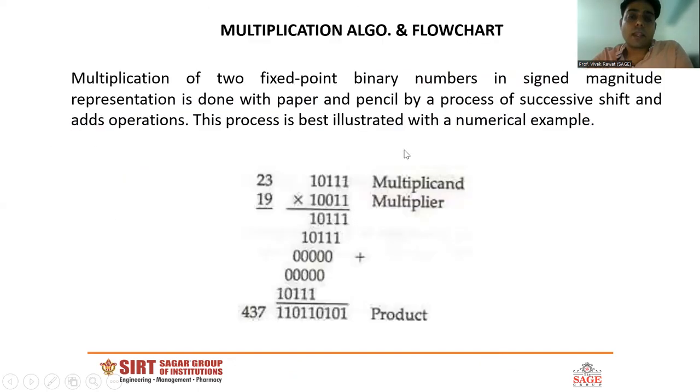So what is the multiplier in this example? 19 is the multiplier, so 19 will be saved in the Q register. The Q register has the value 10011. So this one is the Qn here. This one is the least significant bit, and this one is the most significant bit. You need to remember this. For all the calculation examples, this is the least significant bit, and these bits will be judged one by one after the sequence counter.